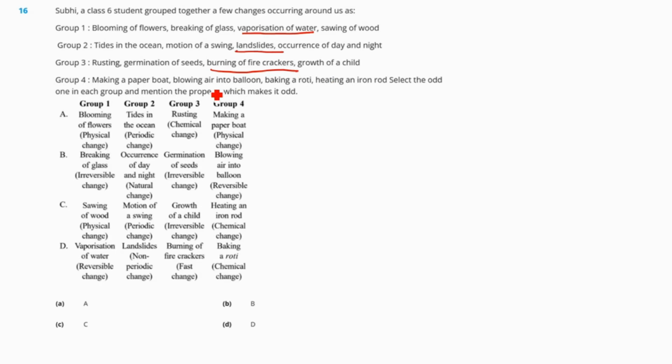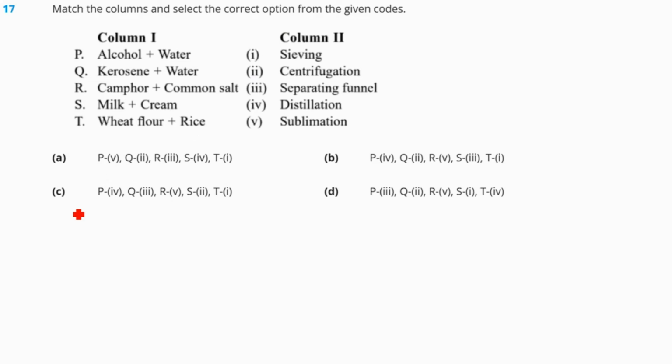Group 4: making a paper boat, blowing air into a balloon, baking a roti, heating an iron rod. These are all physical changes, except baking a roti. This is a chemical change. You are burning it, and a new thing is being produced. So our correct answer is option number D.